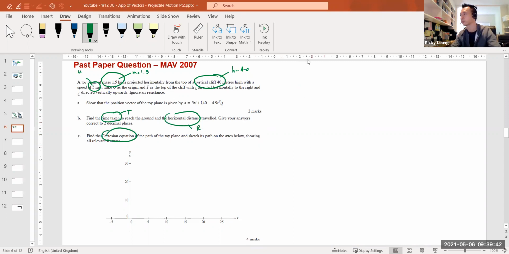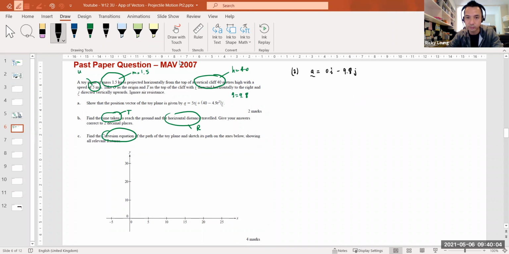Okay, cool. Let's do this then. What's not given here is that gravity is 9.8, but let's assume that as given. Let's do part A, where we always start with the acceleration vector: 0i plus minus 9.8 gravity j.